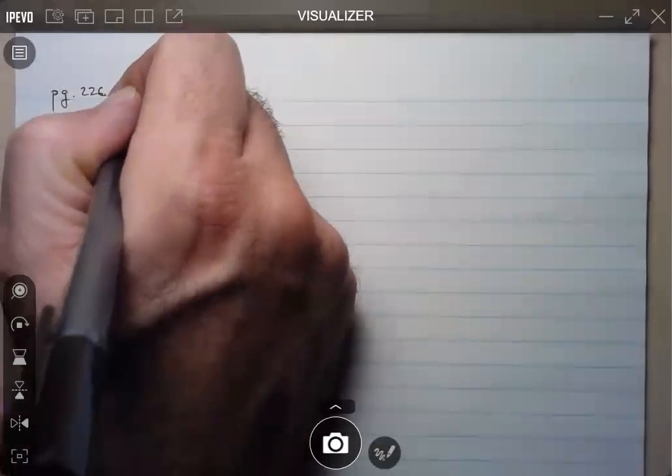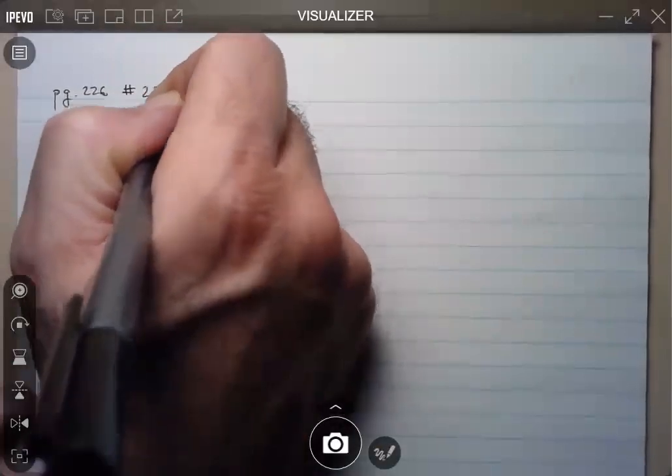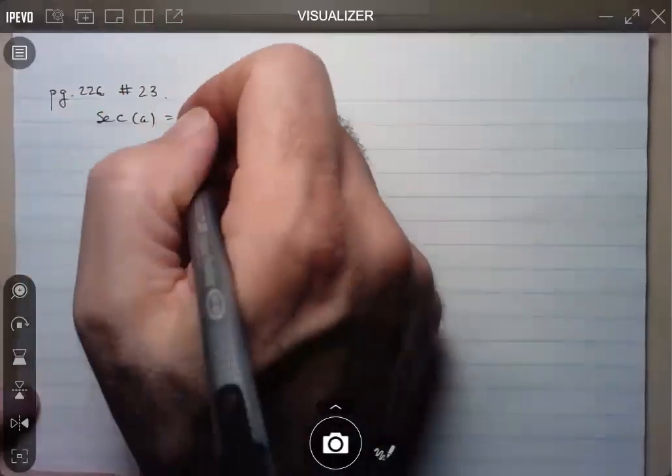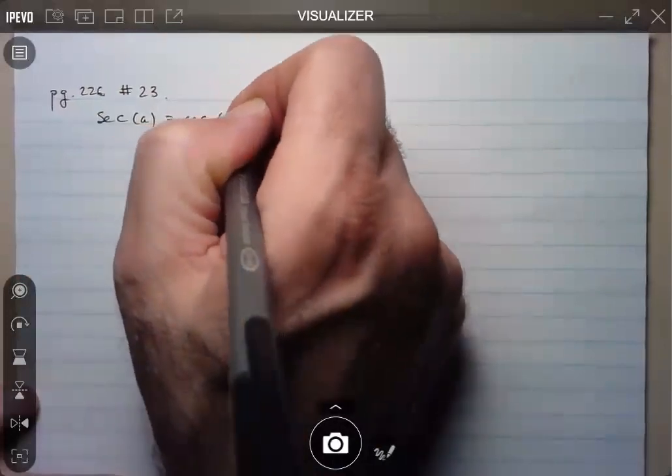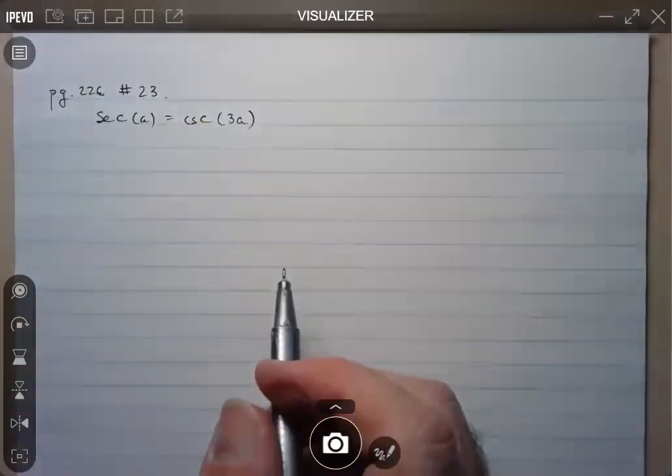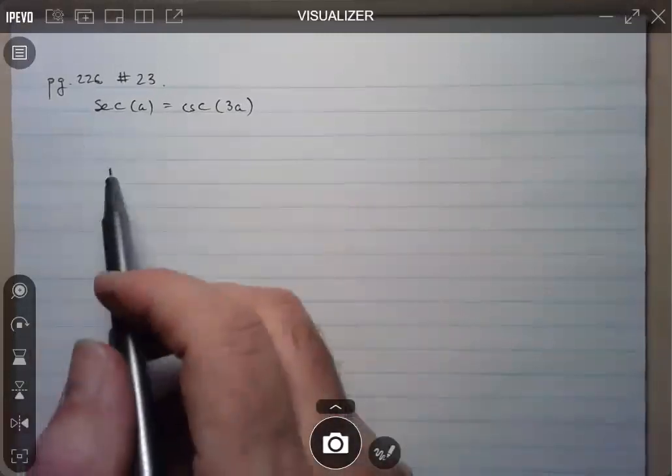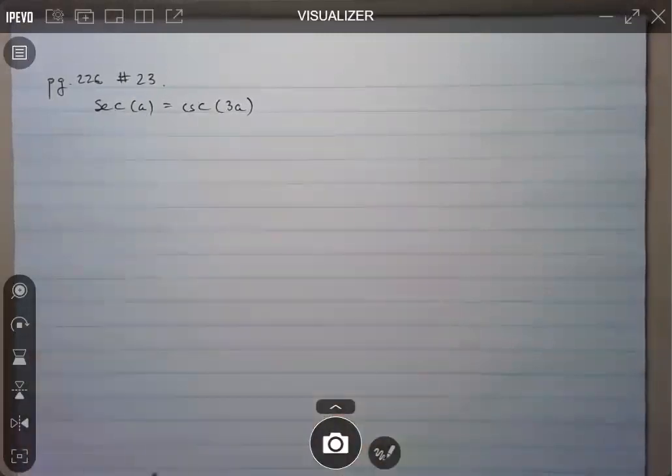Okay, so here secant of A equal to cosecant of 3A. So again, likely there are infinitely many values of A that are going to make this equation true. They're asking us to find one, but since we've been doing it so far, let's find two of them.